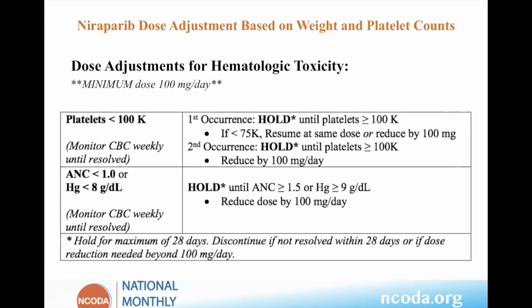But after the second occurrence of a platelet dropping less than 100, you will be required to dose reduce the medication. Similar management is listed here for neutropenia and anemia. And this is more specific if the patient does develop neutropenia with an ANC less than 1 or hemoglobin less than 8. You will hold until recovery, and then you will dose reduce by 100 milligrams per day.